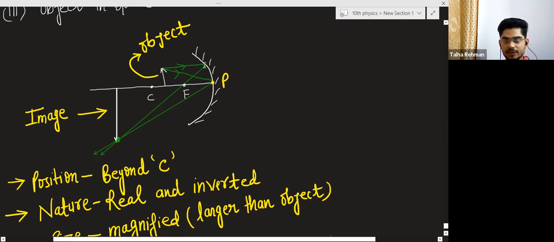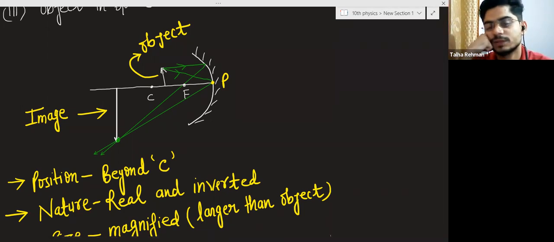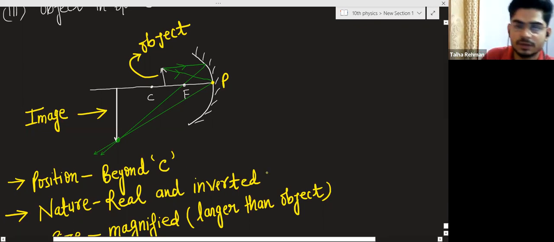And if the ray is parallel to the principal axis, it will pass from the focus like this. And secondly, the second ray from the object is incident on the pole, and we know if this is making an angle theta here, this will also be angle theta.